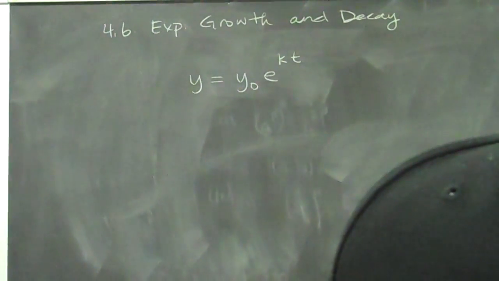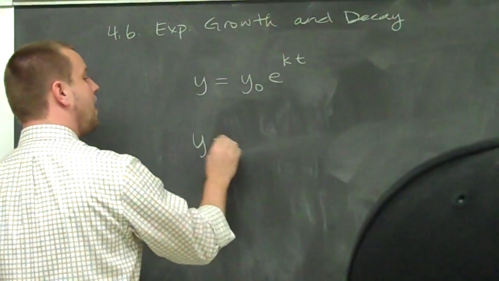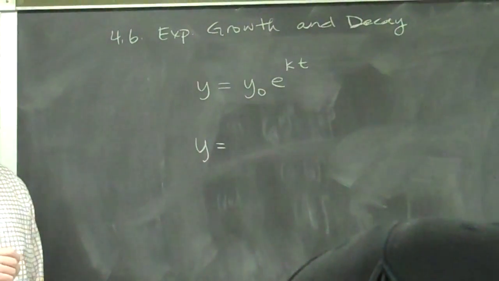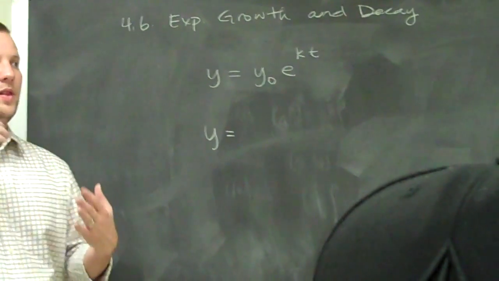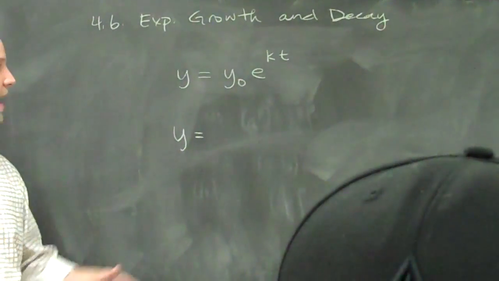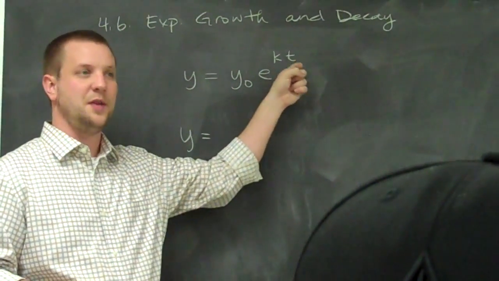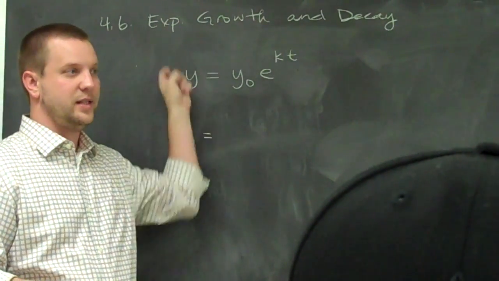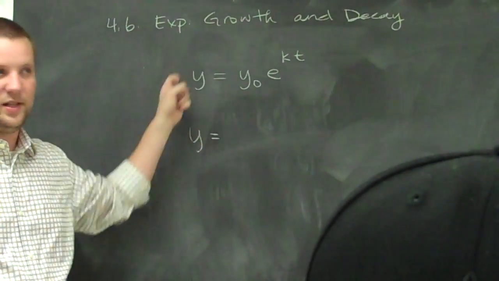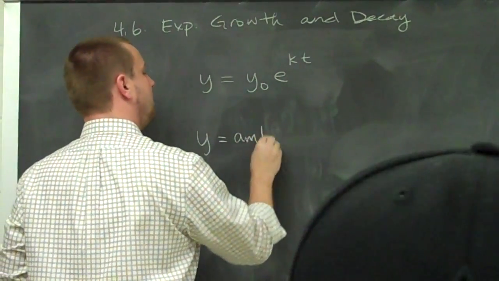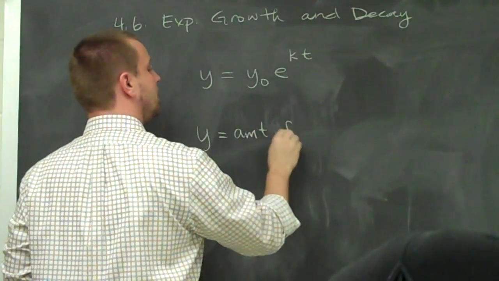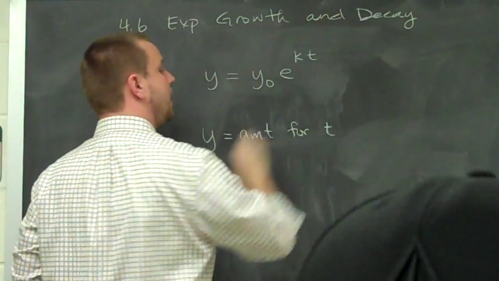Alright, so these variables stand for these things. That y right there, you can think of that as our present quantity or the quantity or the population at time t. For some specific point in time, this is the population, this is the quantity, this is the amount, or whatever t is.